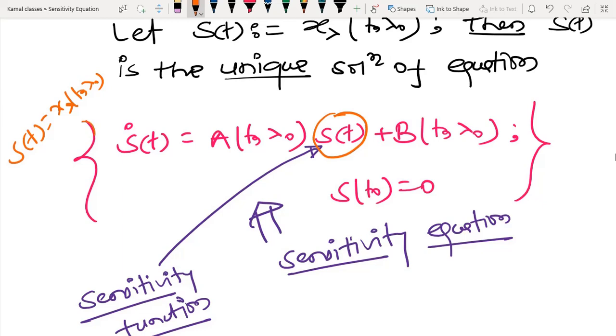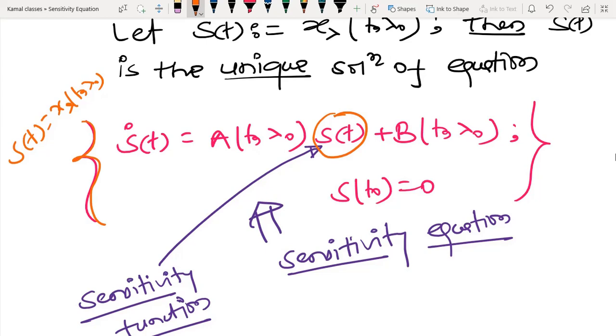What is the main theme of this equation? This equation tells us that if a system parameter varies, what is the effect of that variation on the performance of the system?